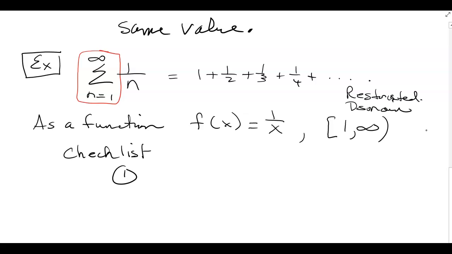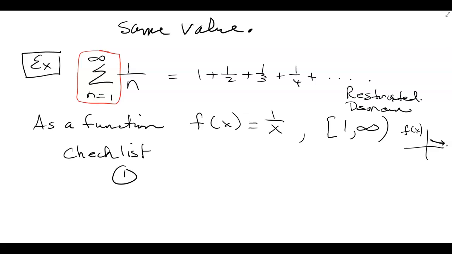And sometimes it is helpful to also have a sketch. So, you know, this is our function of 1 over x. But because I've restricted the domain, I only need that part. Okay, so that's the idea.